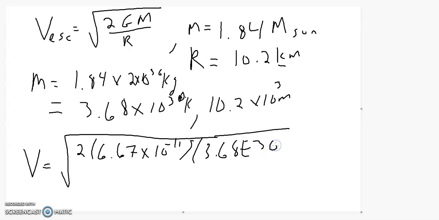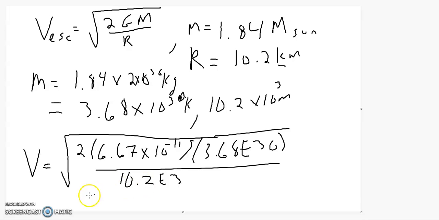That means the exact same thing. Divided by 10.2 times 10 to the third, or E to the third. The key thing is R has to be in meters.